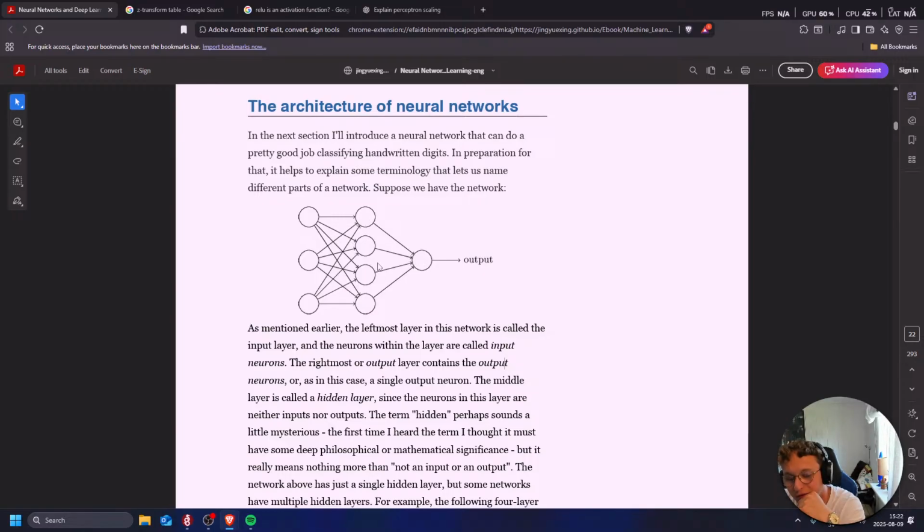So all of these neurons technically have 4 connections, but the connections might differ, right? I don't think it's going to matter too much, but it's good to know.